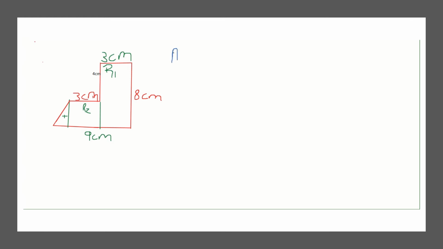So area of R1 is equal to length multiplied by width. Our length is 8 centimeters, multiplied by our width, which is 3 centimeters. 3 times 8, that's 24. So our area of rectangle 1 is 24 centimeters squared.